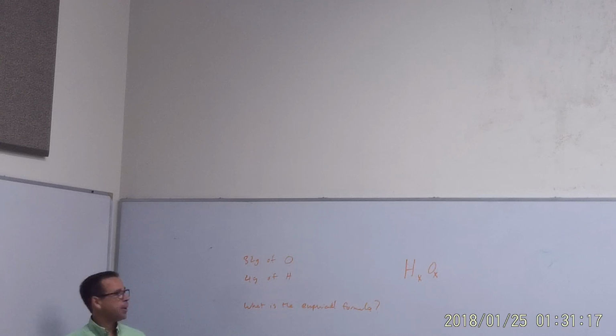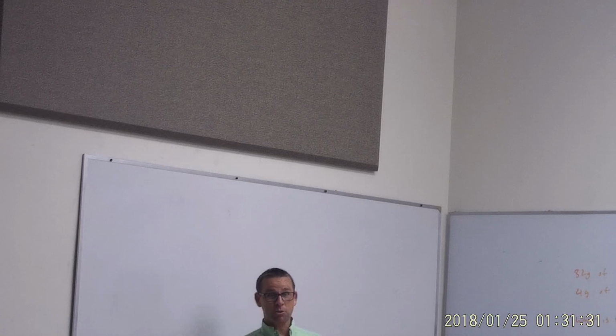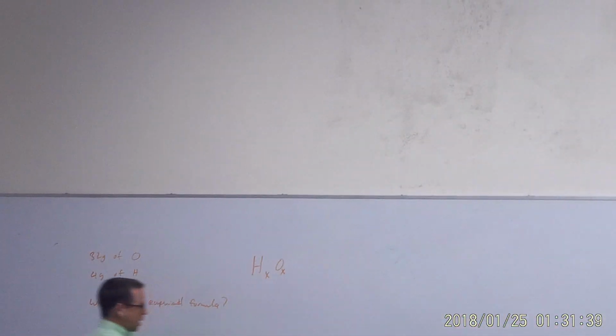So, how would I go about answering this question? What would I do? I need to find the moles. Is that what you said? Find the moles, what meaning? Find the moles of the different components, the different elements. So, maybe if I were to set up my system here, what would I put to the right of my equal sign?